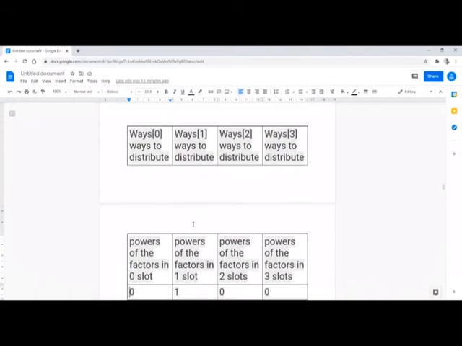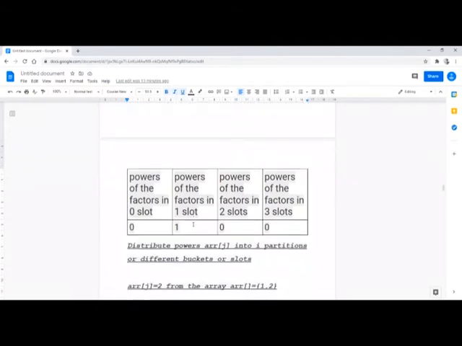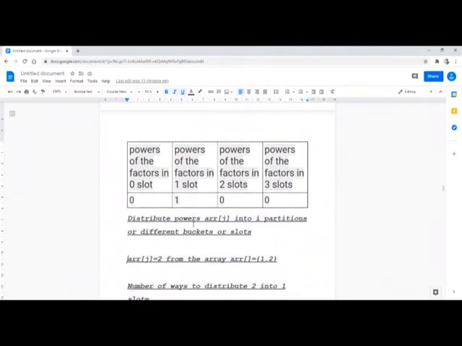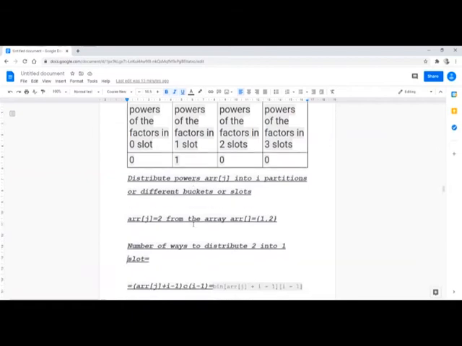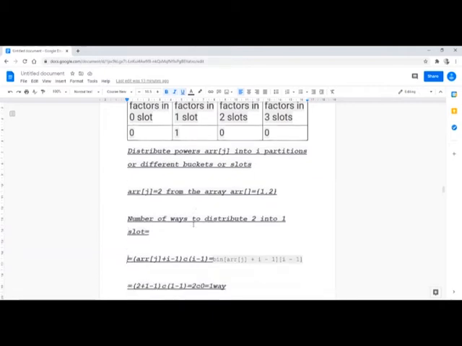Next, ways to distribute powers of the factors in one slot. Distribute arr[j] into i partitions or different buckets or slots. arr[j] is equal to 2 from the array ARR, which is 1, 2. So the number of ways to distribute 2 into one slot.